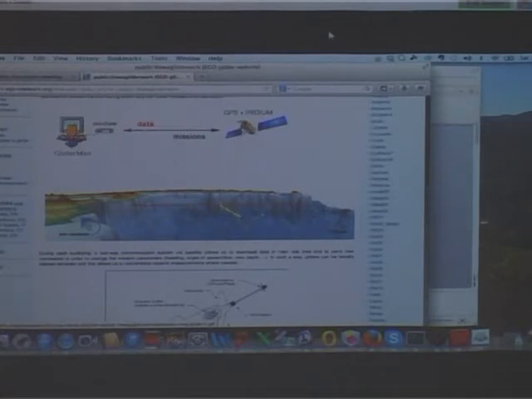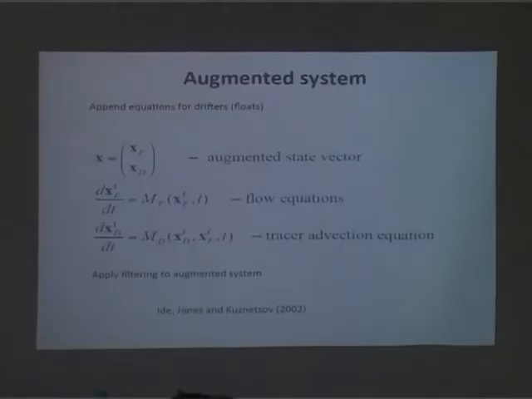So in this sense, it's a little bit like the Argo, but it can propel itself. It's on a track. Okay, so you have an augmented state vector. The idea is that you just append the equations for the drifters to the equations for the flow field.